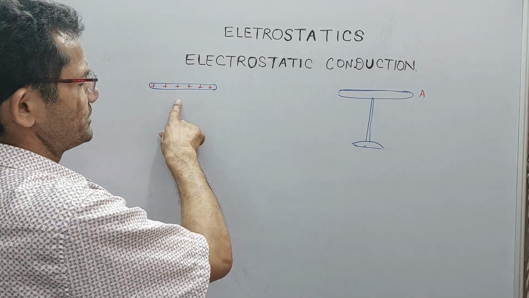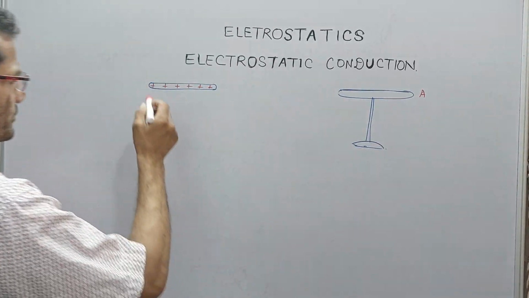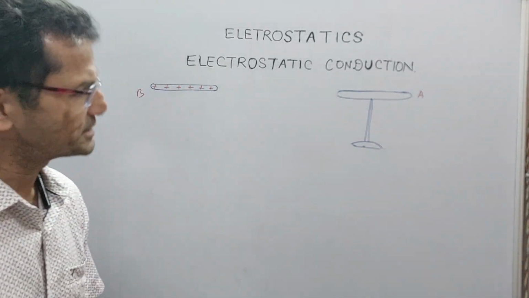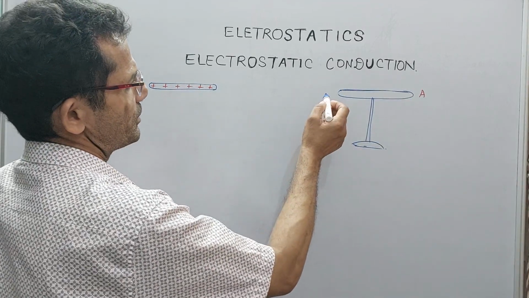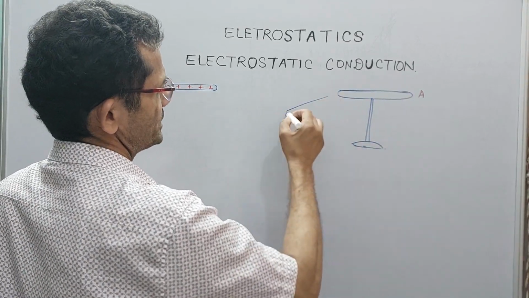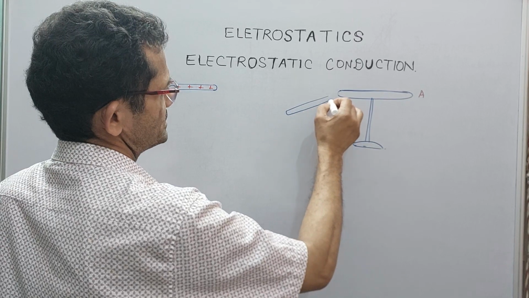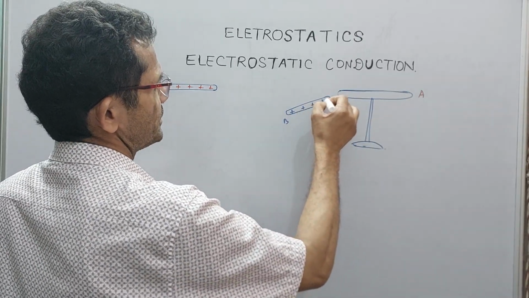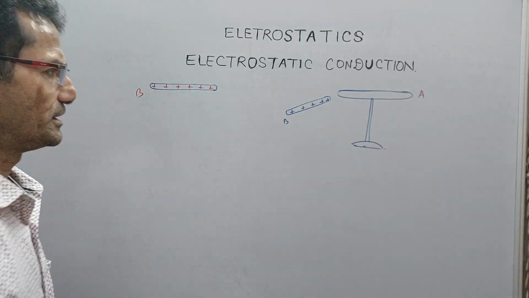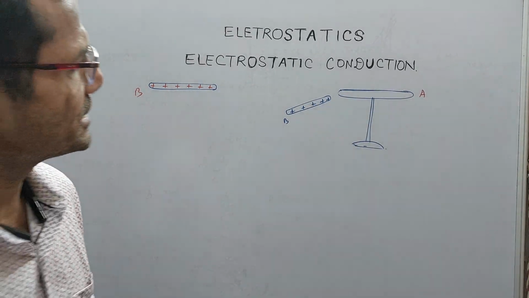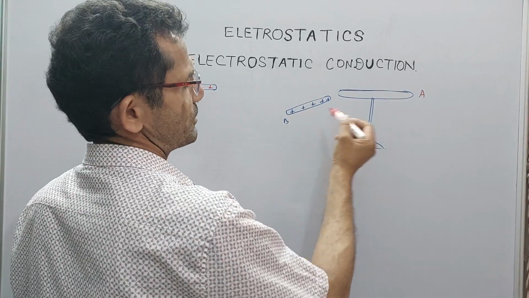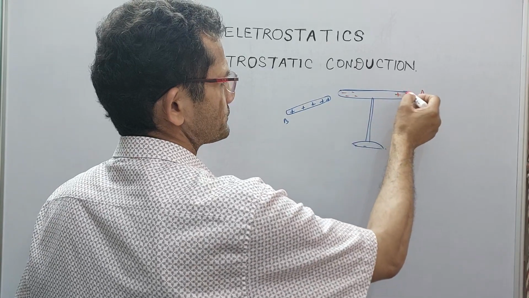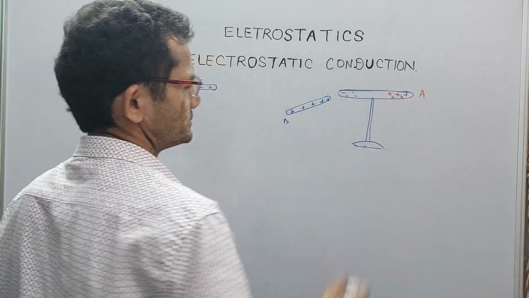When you bring this rod, rod B, with positive charges near rod A, some negative charges appear nearby on rod A, and far off there should be some positive charges.